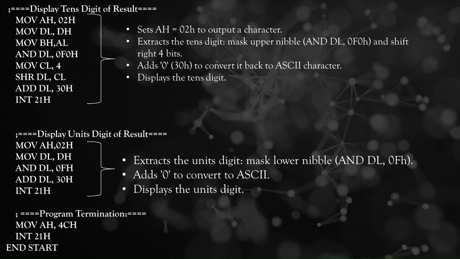Finally, I print the ones digit. I copy the result byte from DH to DL, mask with AND DL, 0FH to keep only the low nibble, add 30H to convert to ASCII, and call INT 21H to print the character. Now, to finish, I call DOS function 4CH, which terminates the program and returns control to the operating system. END start tells the assembler where the program entry point is.